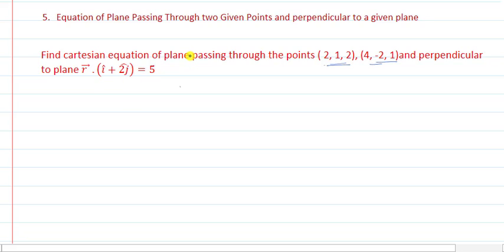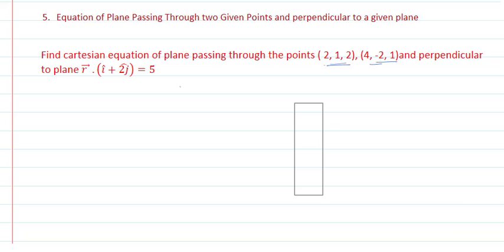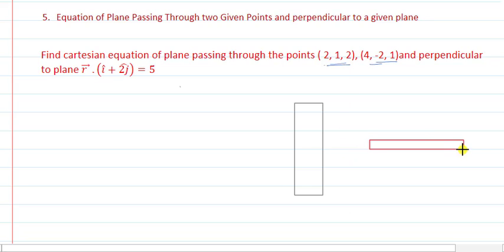So let me draw one figure to explain this concept. Let me draw one plane over here and let me take another plane which is perpendicular to the given plane. Let me take these 2 planes.